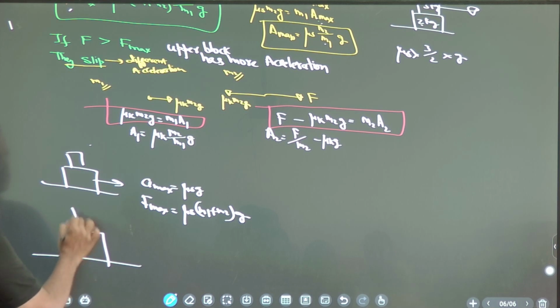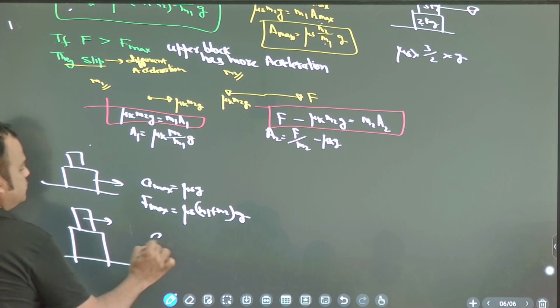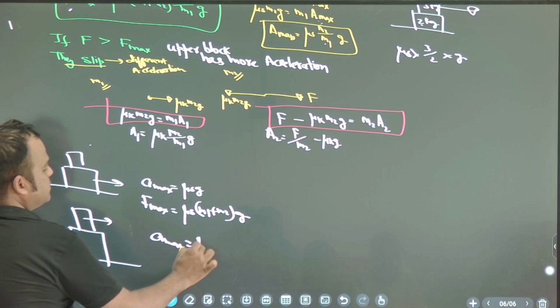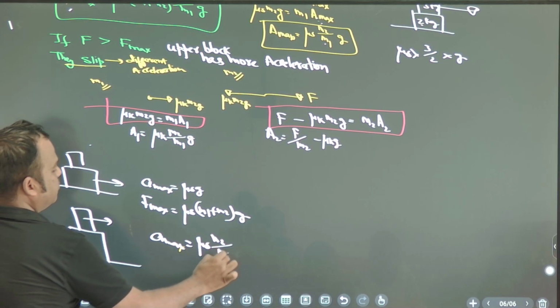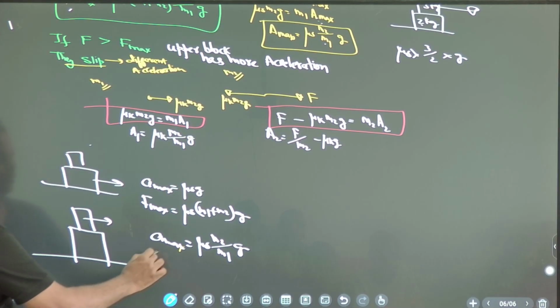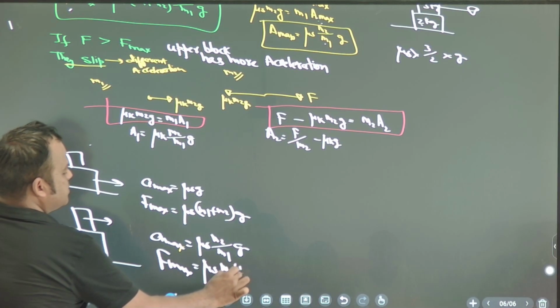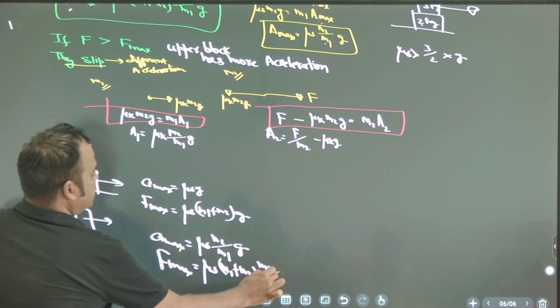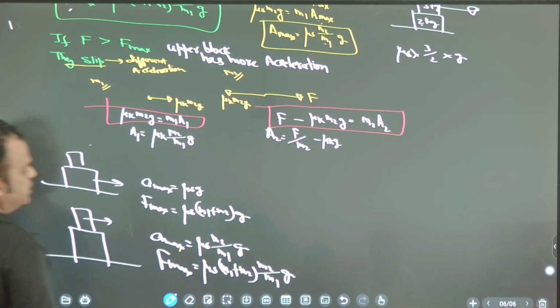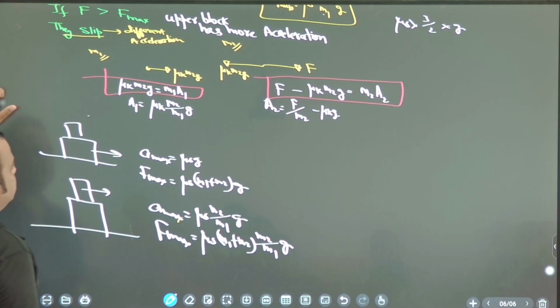If force is acting on the upper block: A max is mu s times upper block mass by lower block mass times g, and F max is mu s (M1 plus M2) by M1 into g. Okay, clear? So remember this.